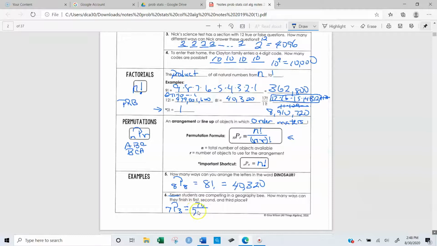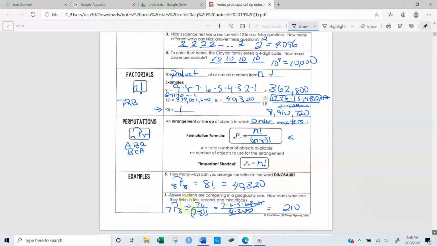All over 7 minus 3, so n minus r factorial. So the 7, 6, 5, 4, 3, 2, 1, all over 7 minus 3 is 4, so 4 factorial. So this cancels, so you're left with 7 times 6 times 5, which is 210.